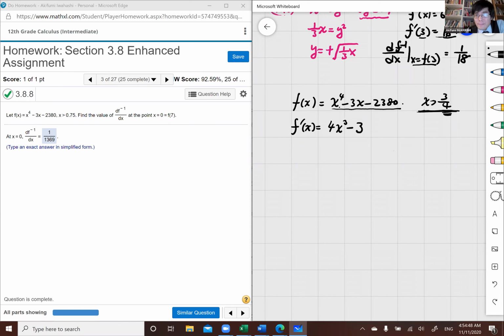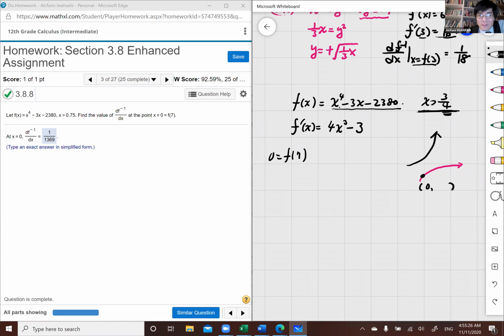Now, let's actually evaluate what the slope is. So you have an original function and you have an inverse function. Now you want to find the slope of the inverse function when x is 0, okay? When x is 0, and it says 0 corresponds to f of 7.